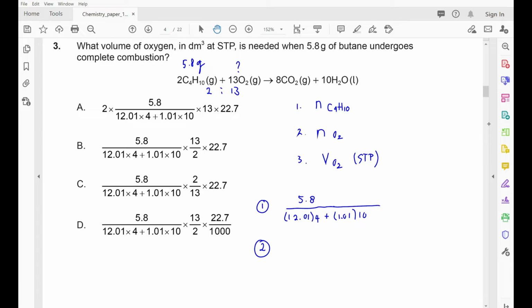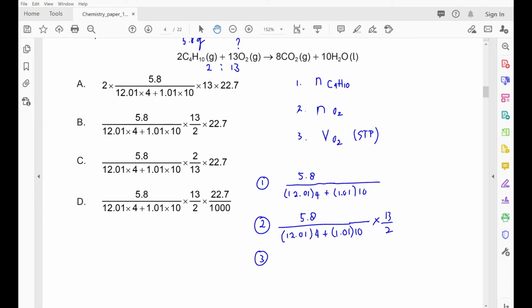So to find the mole of oxygen, mole of butane times 13/2, that's the mole of oxygen. Now, the volume of oxygen is just the mole of oxygen times the molar volume at STP condition, which is 22.7. So the answer is B.